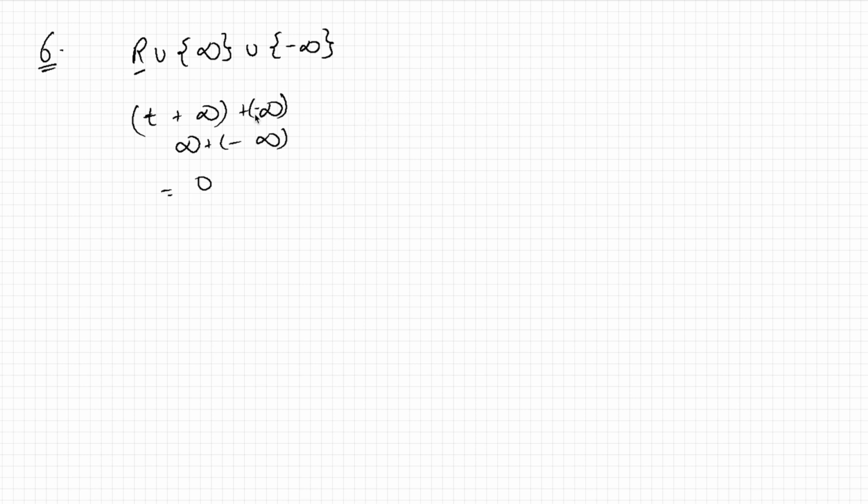But if I take a different bracket here, let's say t plus (infinity plus minus infinity). So infinity plus minus infinity is 0, and then t plus 0 is t.